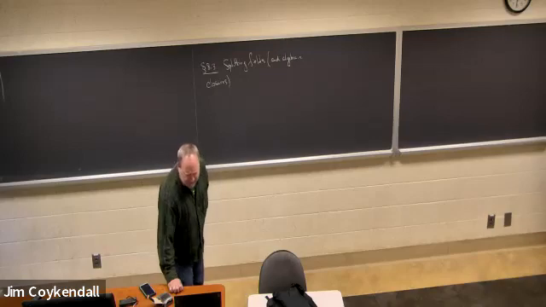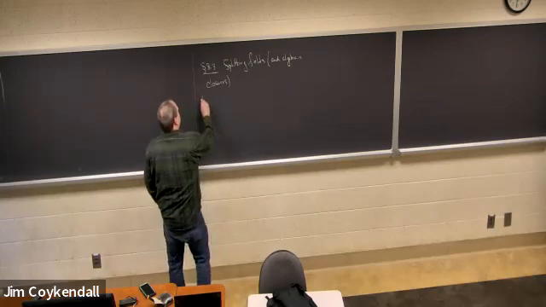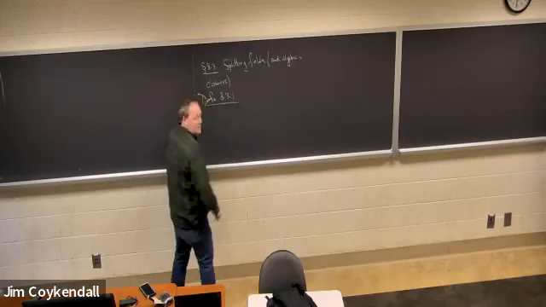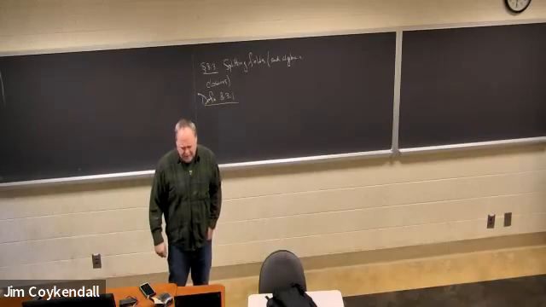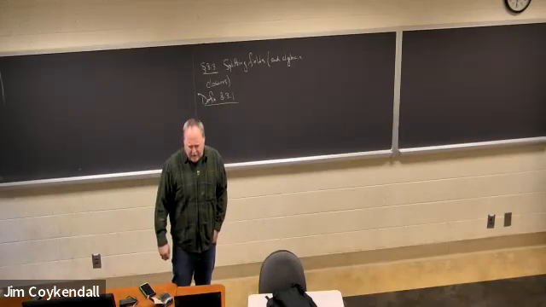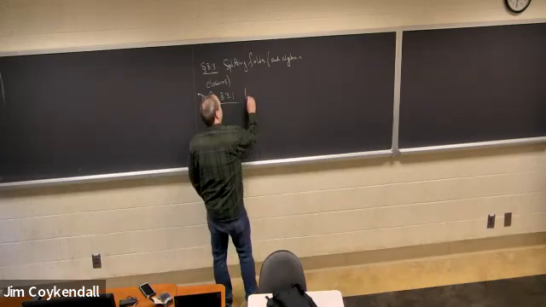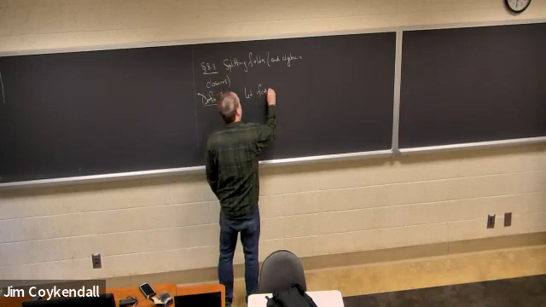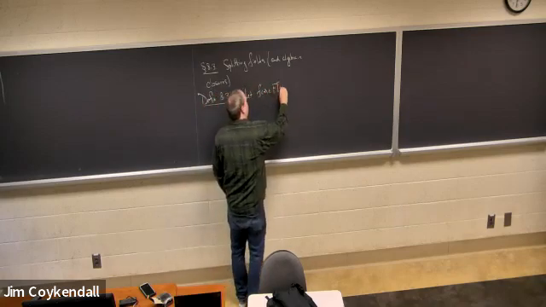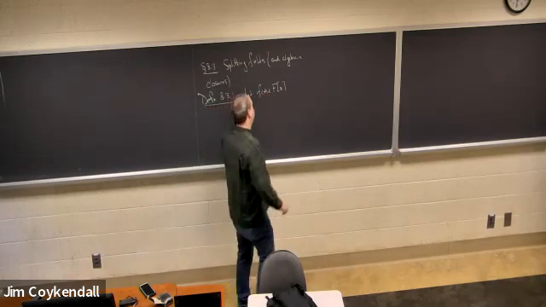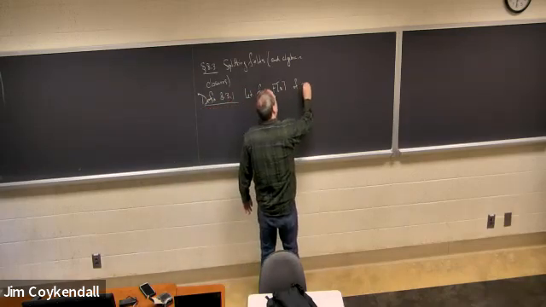So let me just get started. Definition 8.3.1. Suppose you have a polynomial over some field F, of positive degree.